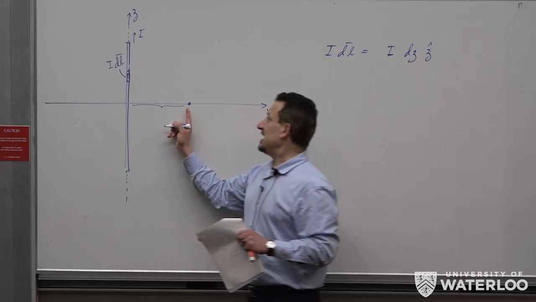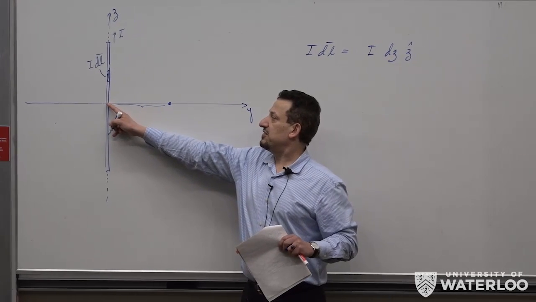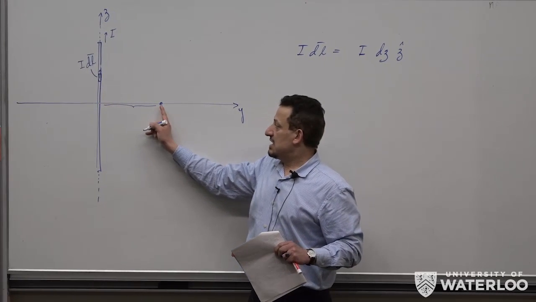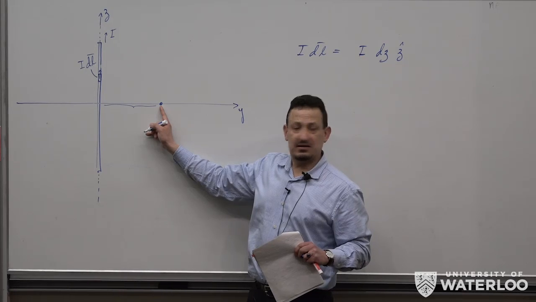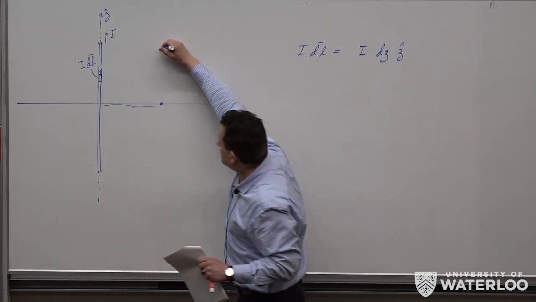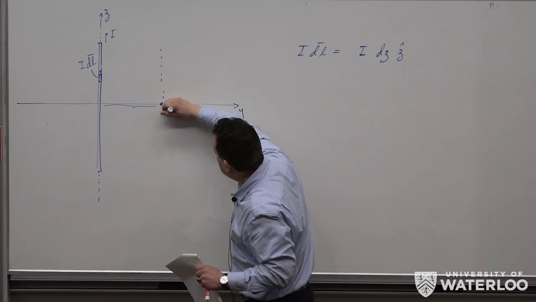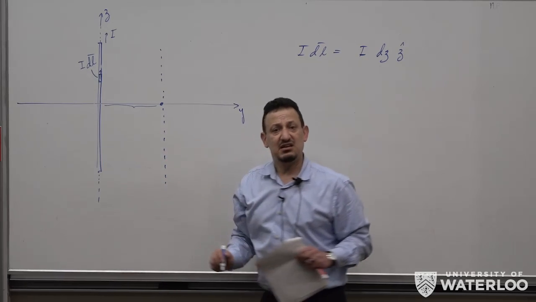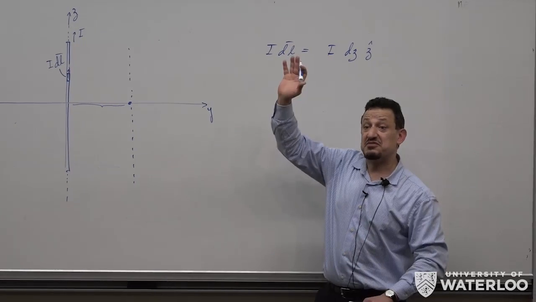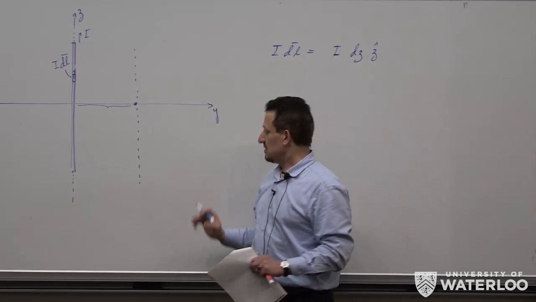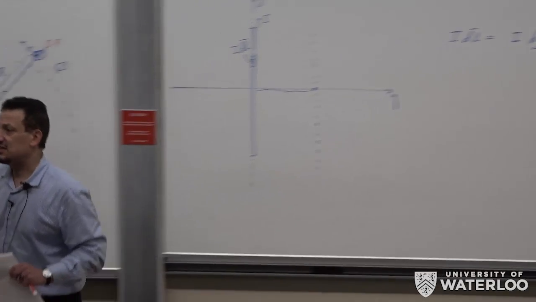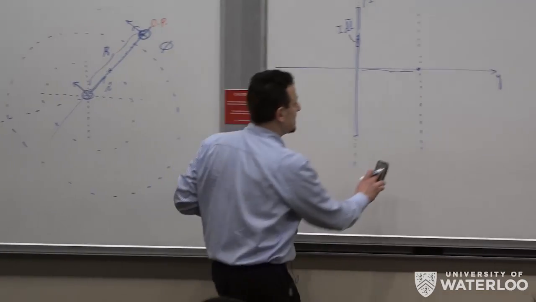I didn't yet. A distance away from this line. If I find the magnetic field here, is it the same as any point along this line? Yes. Why? Because it's infinite. Okay? Because it's infinite, so I'm going to take that dotted line.